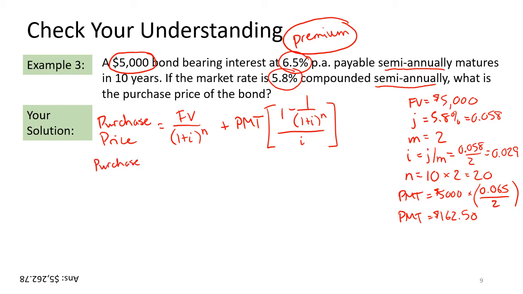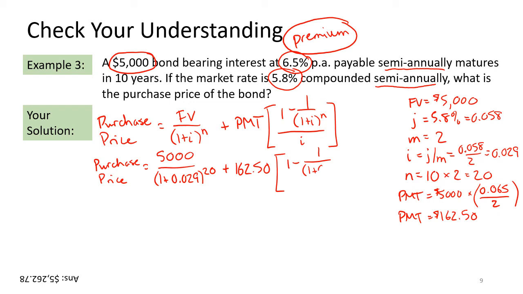So our purchase price is equal to our face value, 5,000, divided by 1 plus the periodic interest rate, 0.029, to the exponent 20, plus our payment, $162.50, multiplied by 1 minus 1 divided by 1 plus the periodic interest rate, 0.029, to the exponent 20, divided by the periodic interest rate, 0.029.